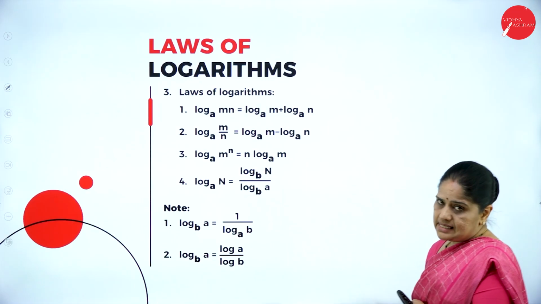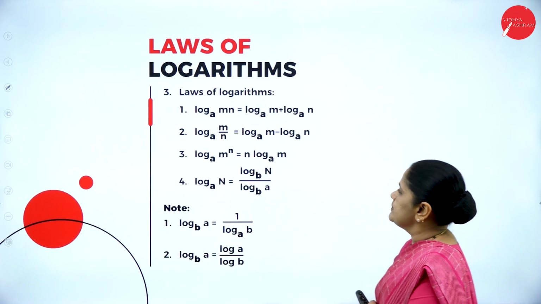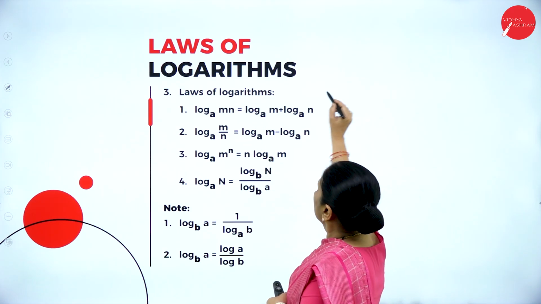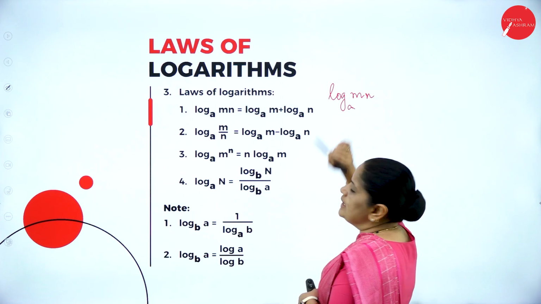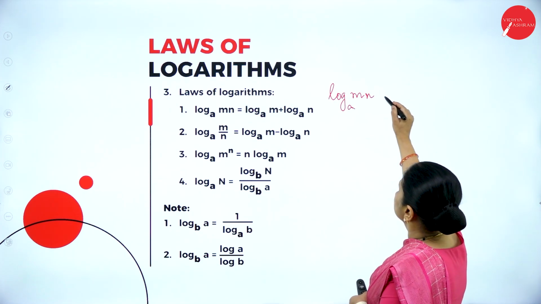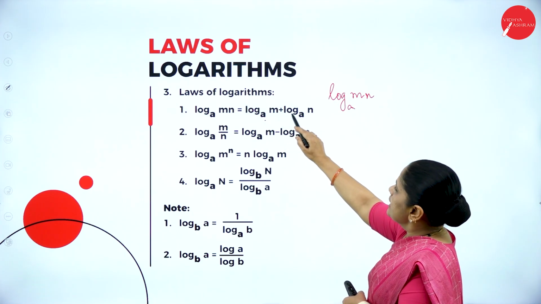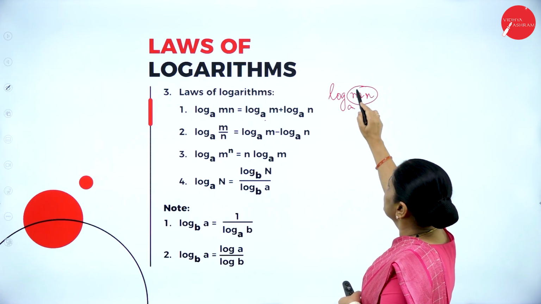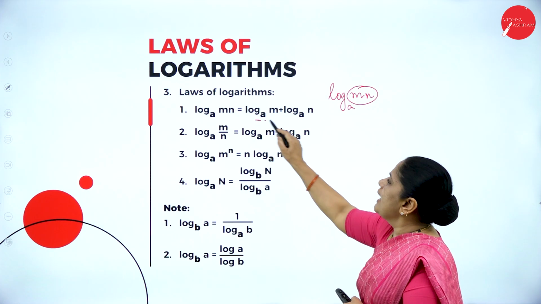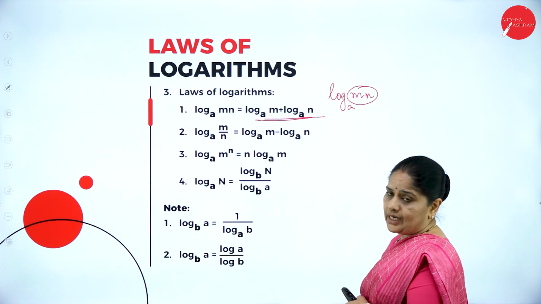So let us understand the laws of logarithms. Here we have log of mn to the base a equals log m to the base a plus log n to the base a. So whenever there is m into n, we can add the logs of these values.